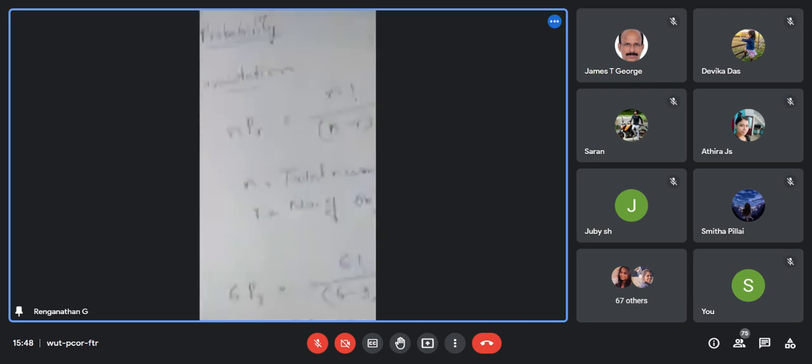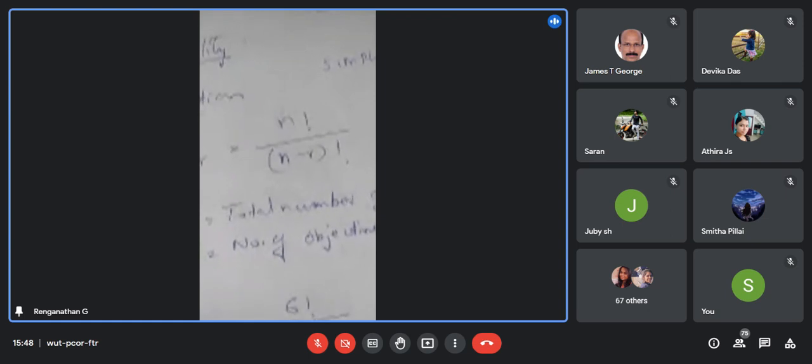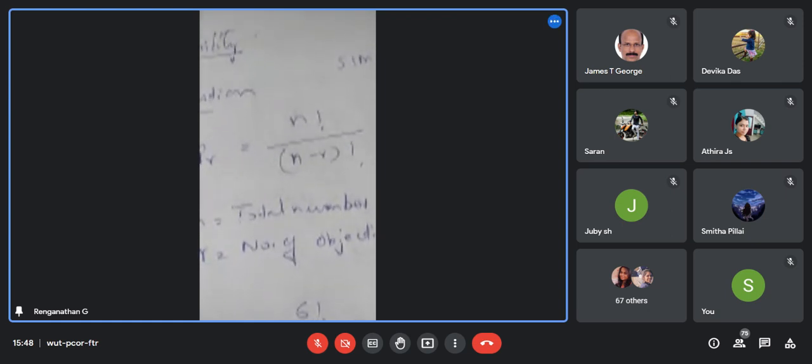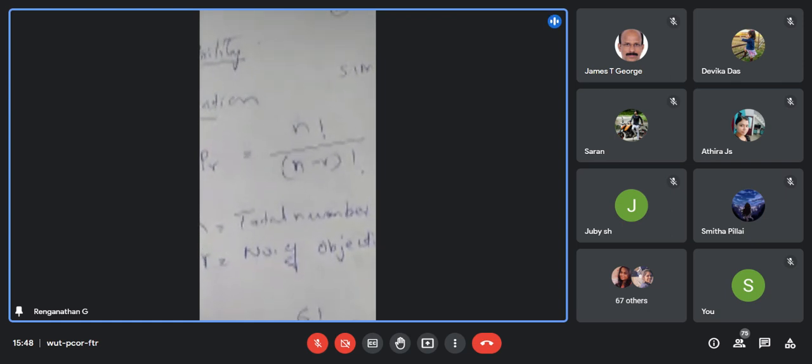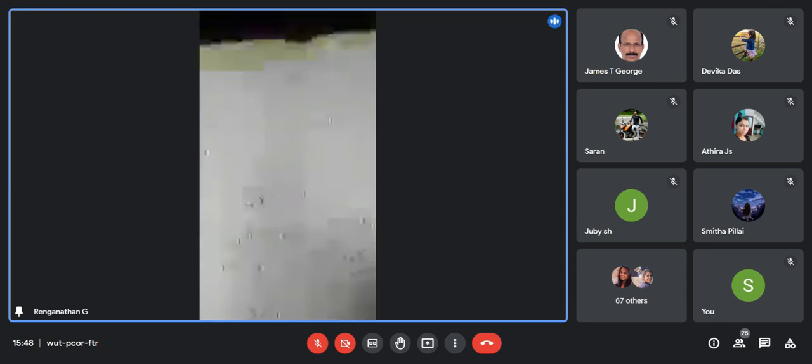Okay, SYMBOL. So the question is, there is a word SYMBOL, and how many 3-letter words can be made using its letters.